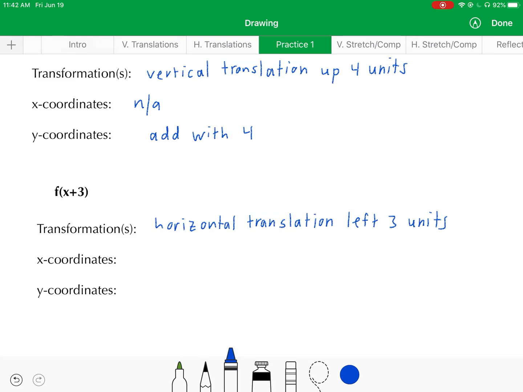In a horizontal situation, it's your x coordinates that are being affected. If we're going in the negative direction, we're going to subtract our x coordinates by 3. But the y coordinates will remain unaffected. Okay.